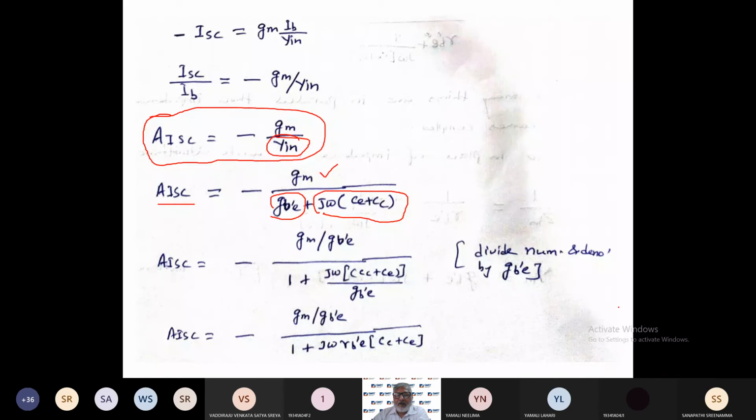Now in numerator and denominator, I will divide by g b'e. This term g b'e, I will divide in numerator and denominator.